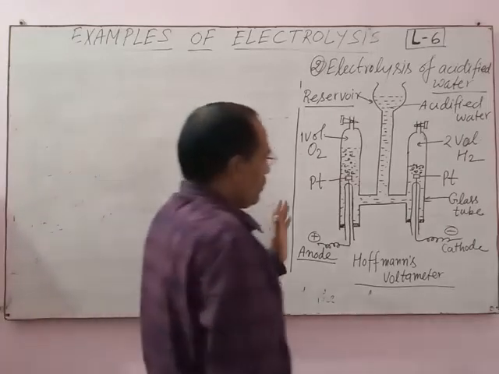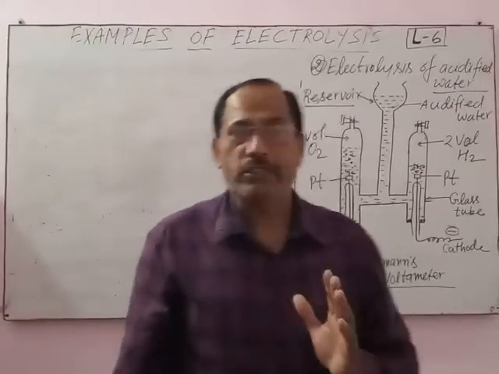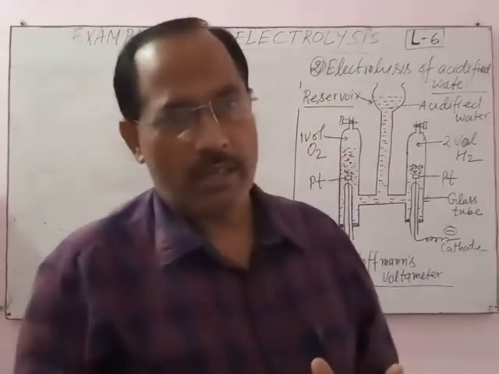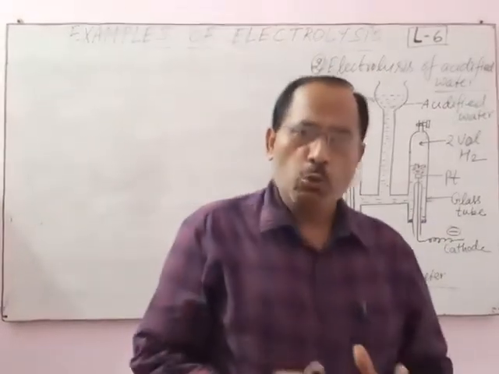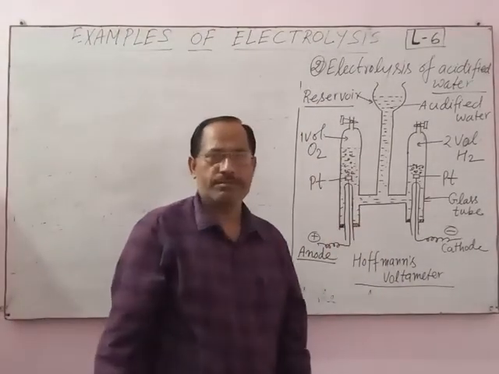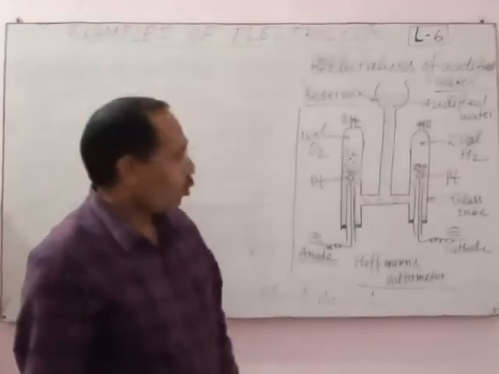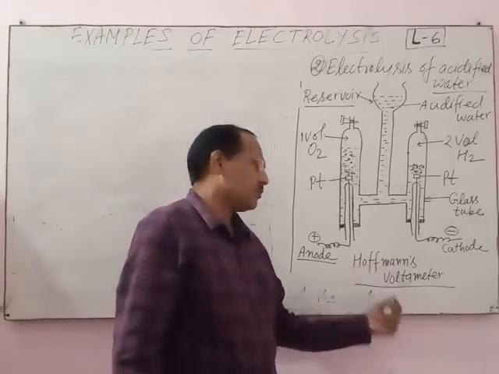Now, which electrolytic cell, meaning apparatus, is used for the electrolysis of acidified water? It is a special type of apparatus known as Hofmann's voltameter.